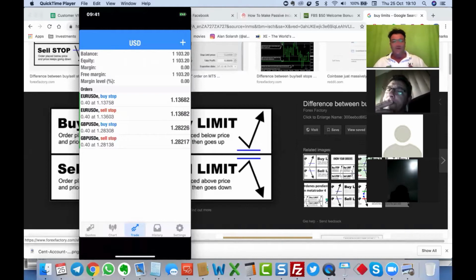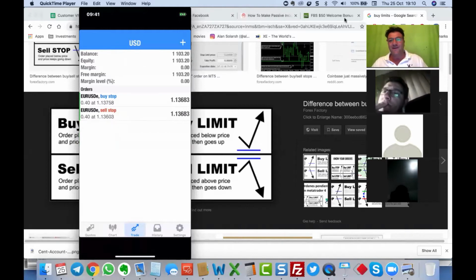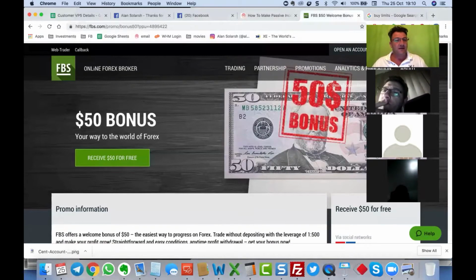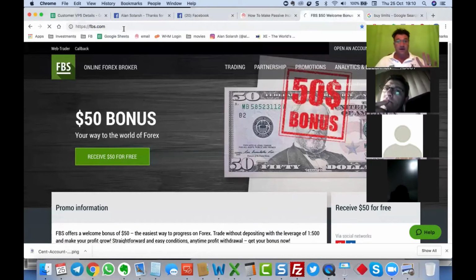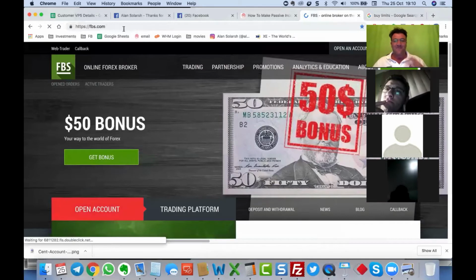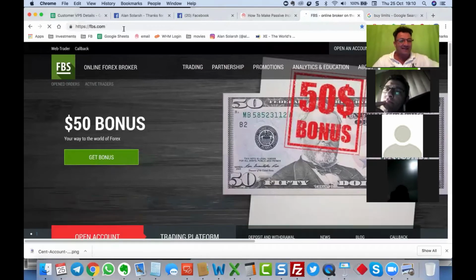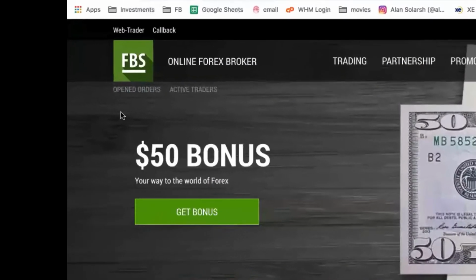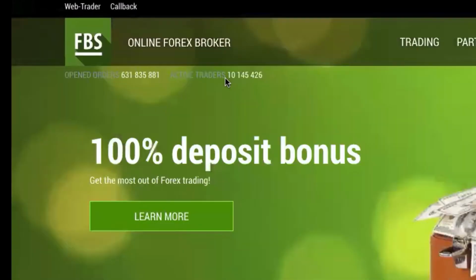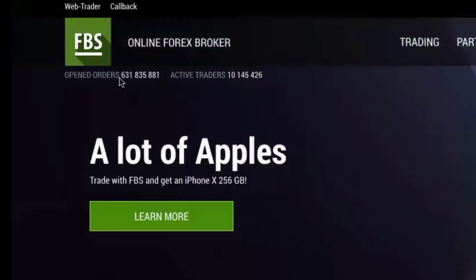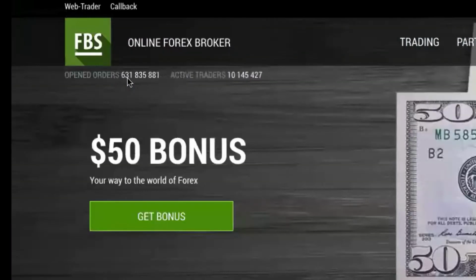So if you go to FPS, let's just go to FPS here. FPS.com. This is astounding, and this is why it freaks me out and excites me actually. Let me just wait for it to load. So it says here, open orders and active traders. There are 10 million active traders just on FPS. Here it is, 631 million orders.